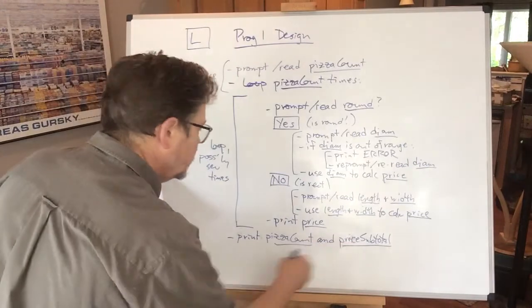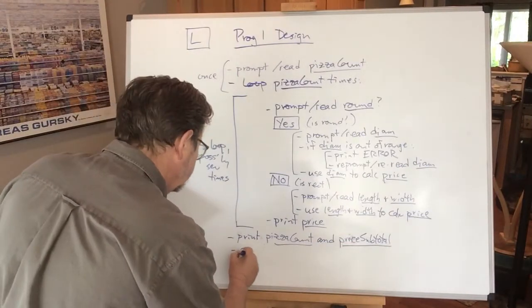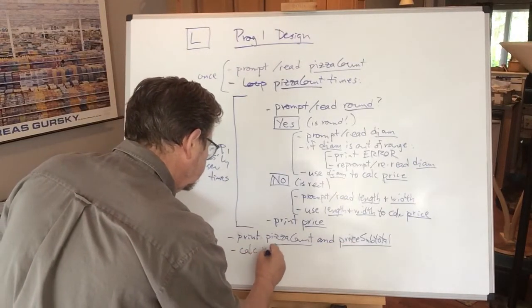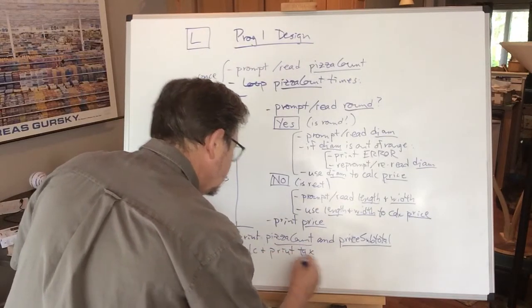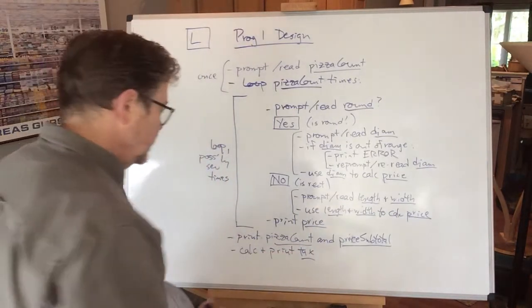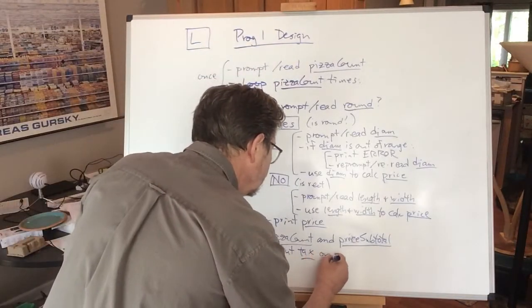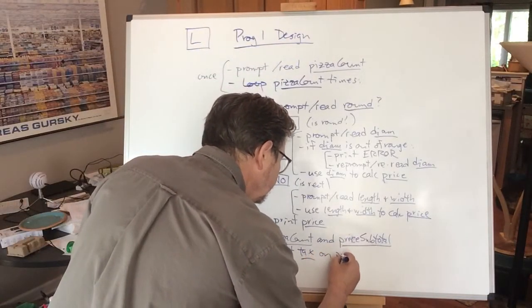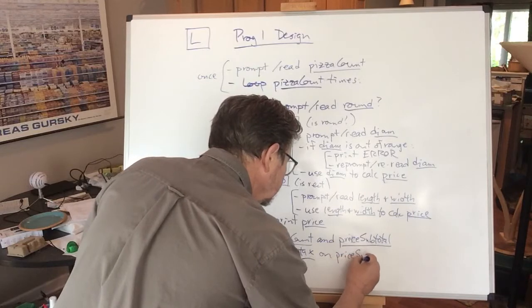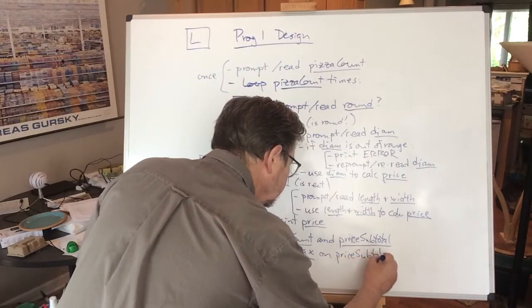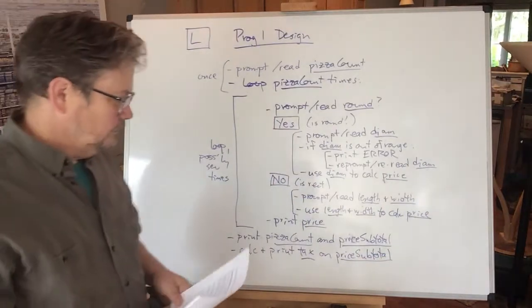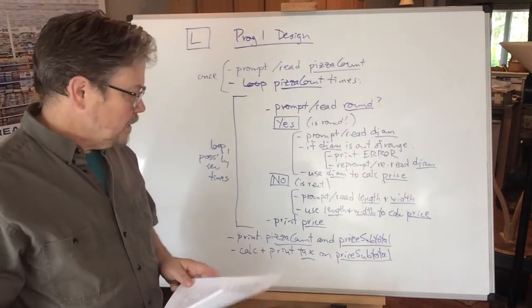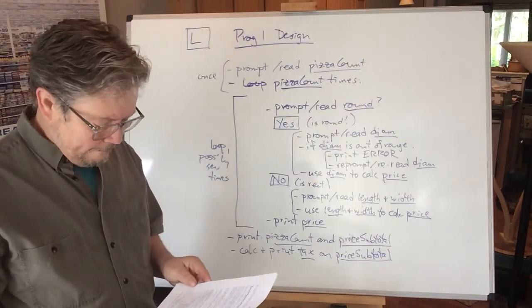The entire order is the calc and print tax. I'll make that short and sweet so I can spell it. Tax on pizza price subtotal. There. Still ignoring the price subtotal elephant in the room.